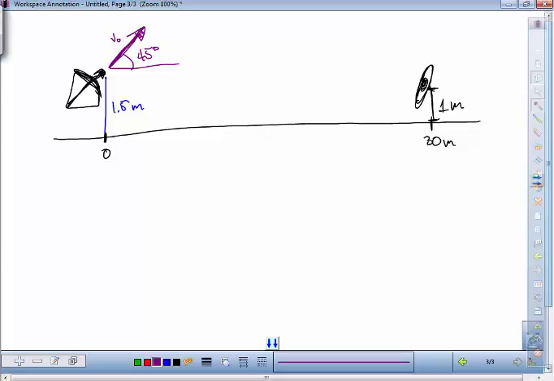And so now the question is, what should your velocity be so that your arrow will hit your target? Okay? Is the question clear?